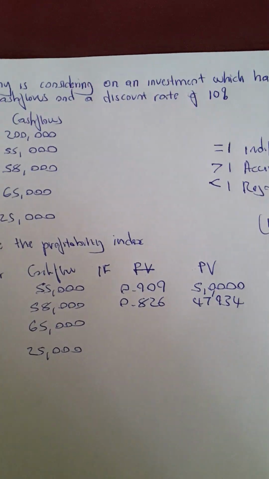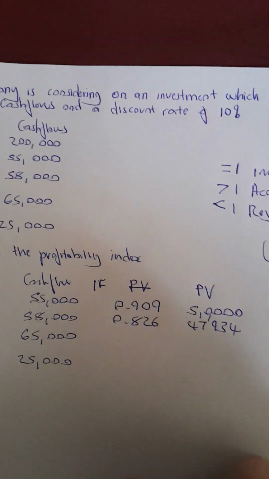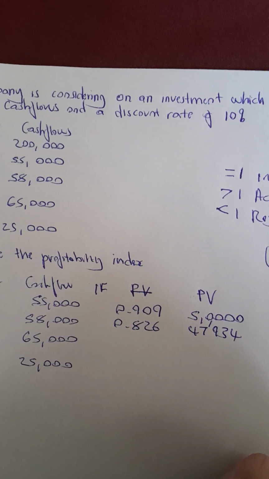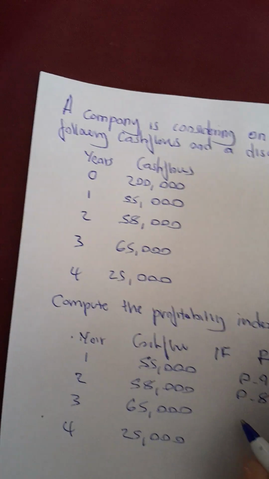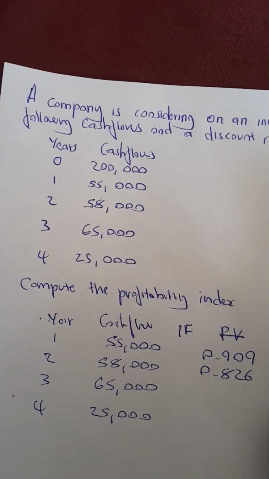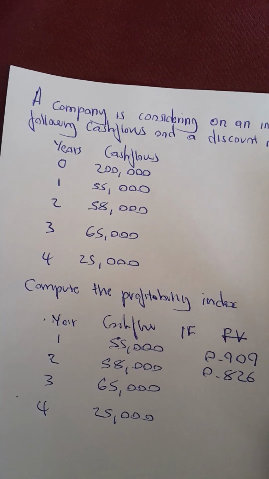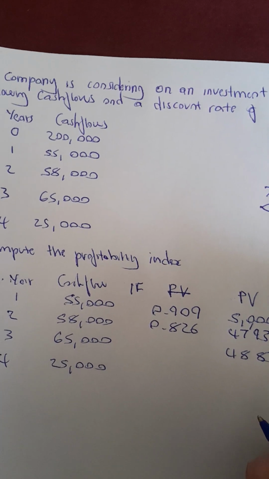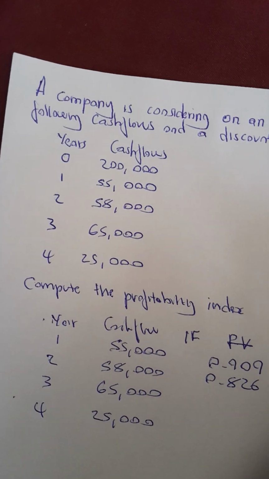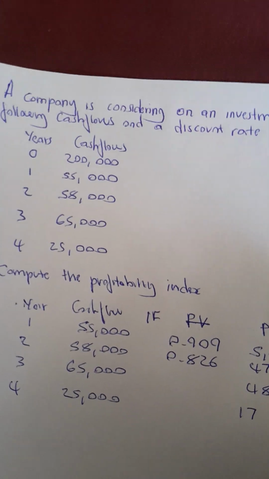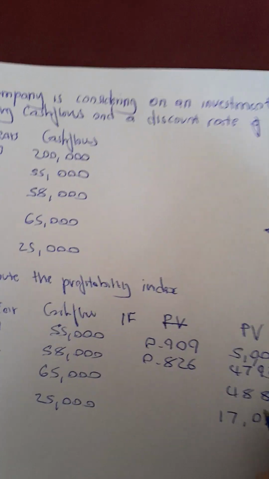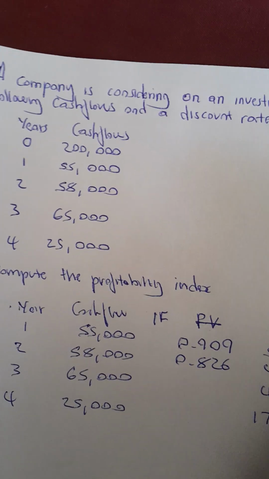So if we compute the other ones, the third year will be 48,835. The other one, that is 17,075.